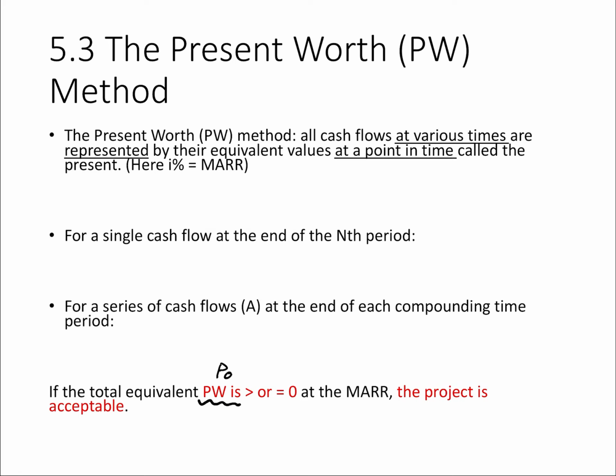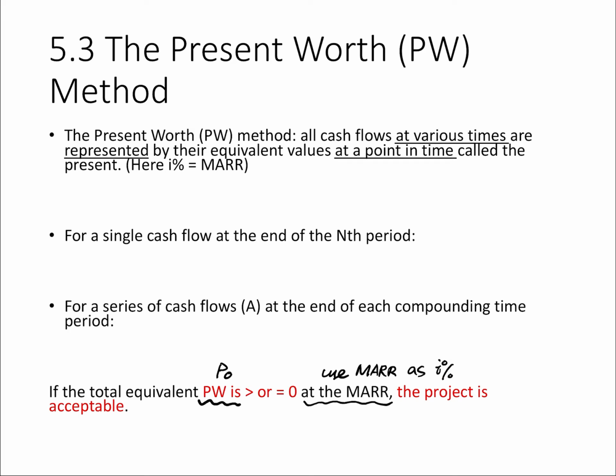And to see if the present worth, or actually it's P0, is bigger or equal to 0, at the MARR, which means you use MARR as the i% for the conversion. If it is bigger or equal to 0, then the project is acceptable.